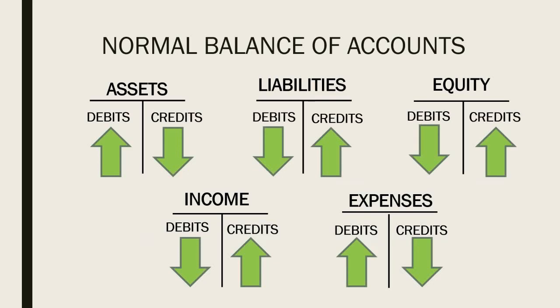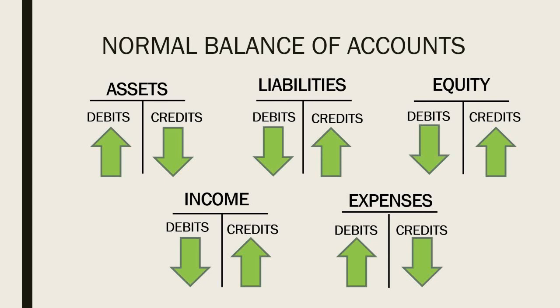And all you have to understand is that your assets and your expenses reflect the same flow of transaction, okay? They're both increased by debits and they're both decreased by credits. Every single other account, so your income, your liabilities, and your equity, they flow in the opposite direction.